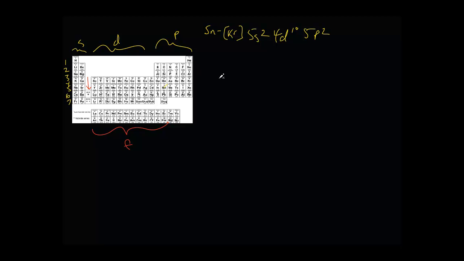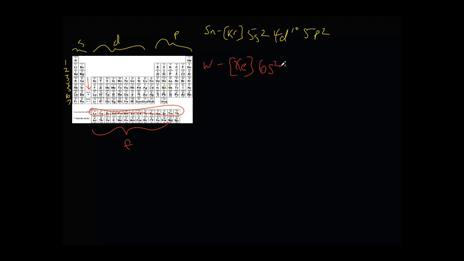tungsten, W, right? Well, you can look at the previous noble gas, xenon, and it's going to be 6s2, and then it's going to start filling the f's, right? So it fills up all these guys down here.